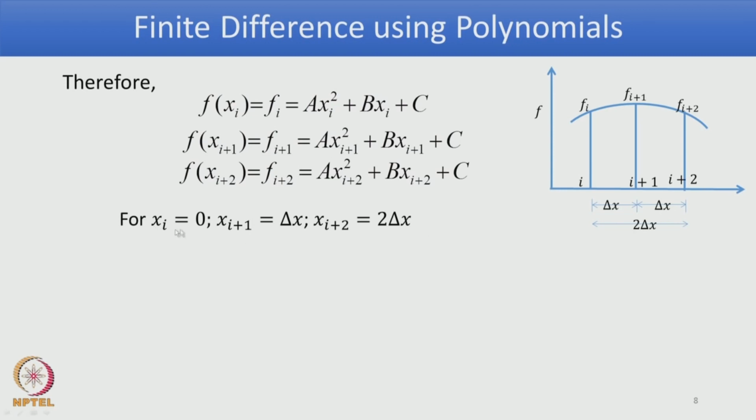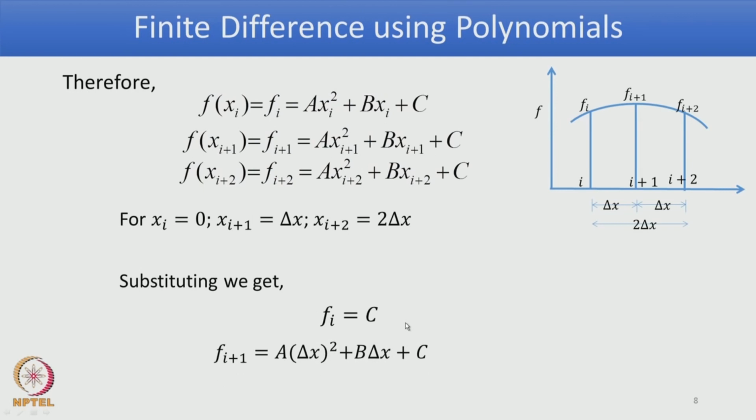If you substitute these values, x of I plus 1 and x of I plus 2, in this expression, we get 3 equations for the 3 coefficients a, b, c. On substitution, x of I is equal to 0 in the first equation, so a and b go to 0, the only remaining term is c, and that is directly related to f of I: f of I is equal to c.